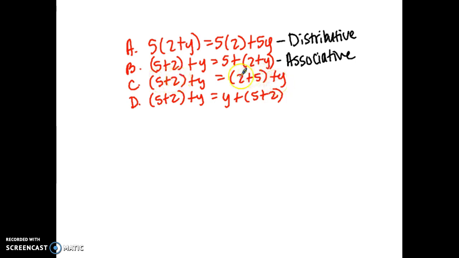What's in the parentheses stays the same, but it's changing the order, so it's moving around. That's the commutative property. And for D, 5 plus (2 plus y) equals y plus (5 plus 2). You're just switching your y and your parentheses. Nothing inside the parentheses is changing, so that's still the commutative property.